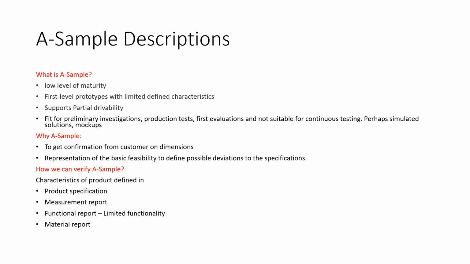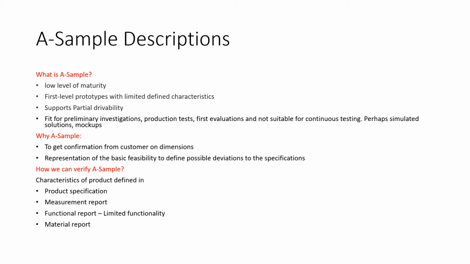That means you can see, touch, look, and sense it, with limited functionalities. You can test only with respect to those limited functionalities, and it is not suitable for continuous testing. This prototype may also be shown to you in a simulated environment.